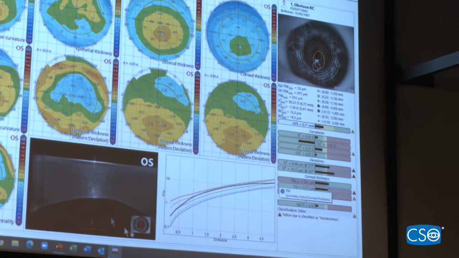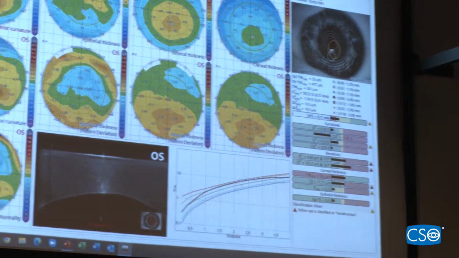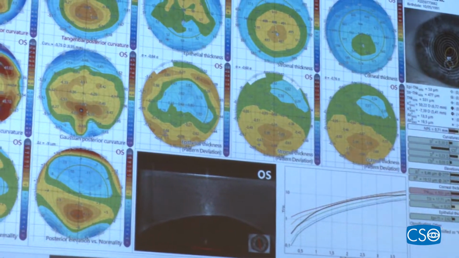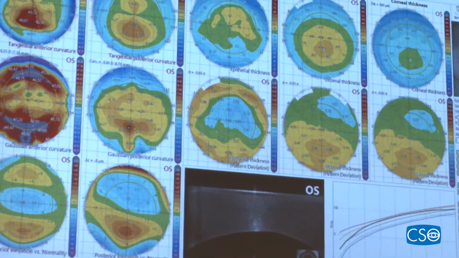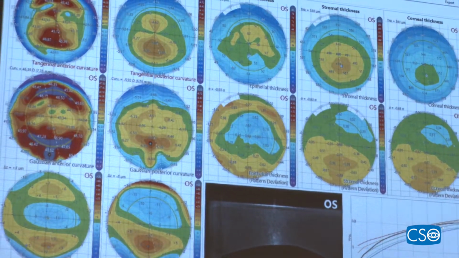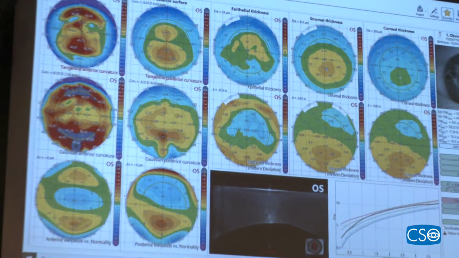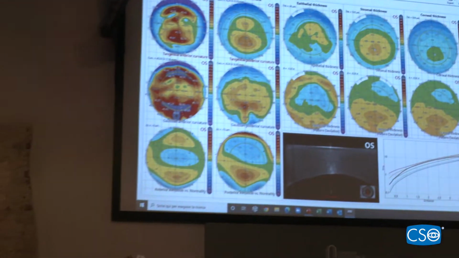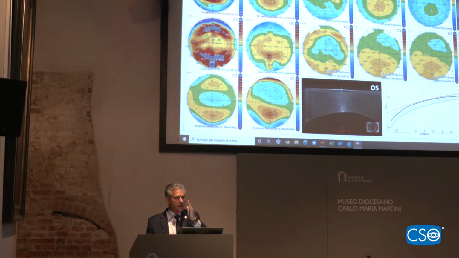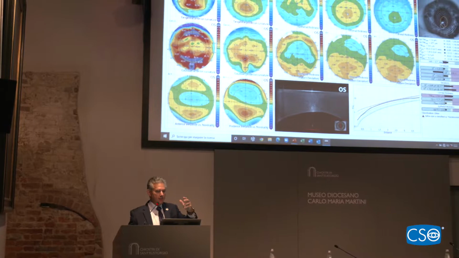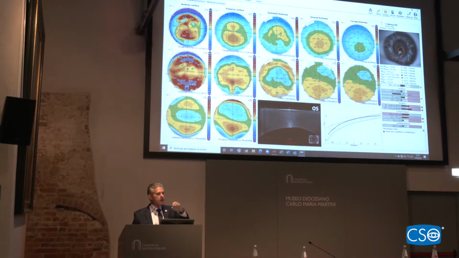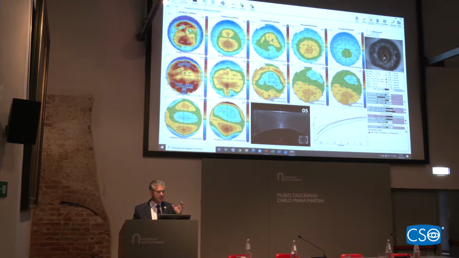But this part of the panel was designed by me and my team in London, because we have been using this kind of collage for years now, trying to put everything on one cockpit display so that we can see everything simultaneously and localize and compare irregularities between the epithelium up here and, let's say, the back surface here. So the logic of this panel is like this.